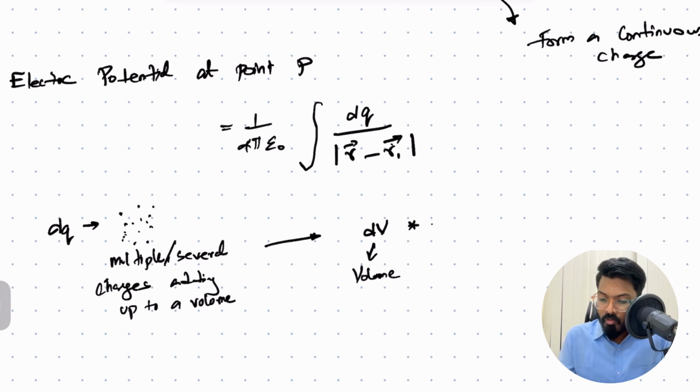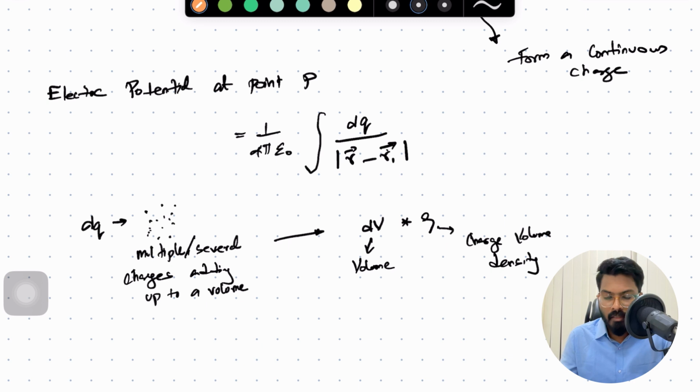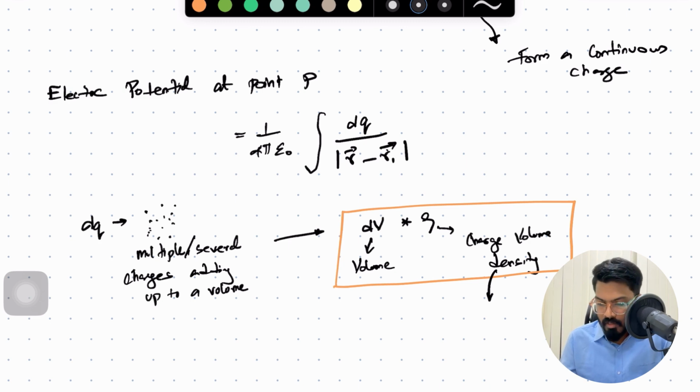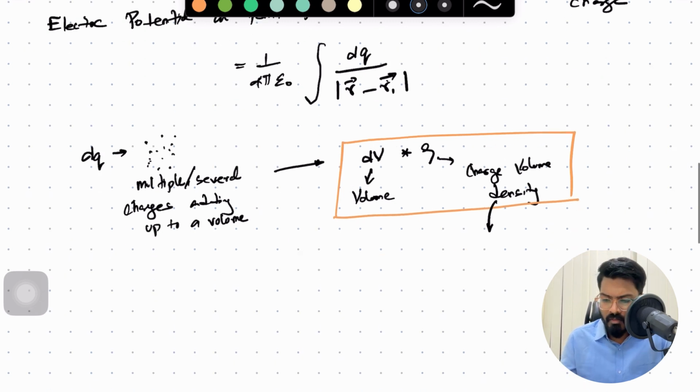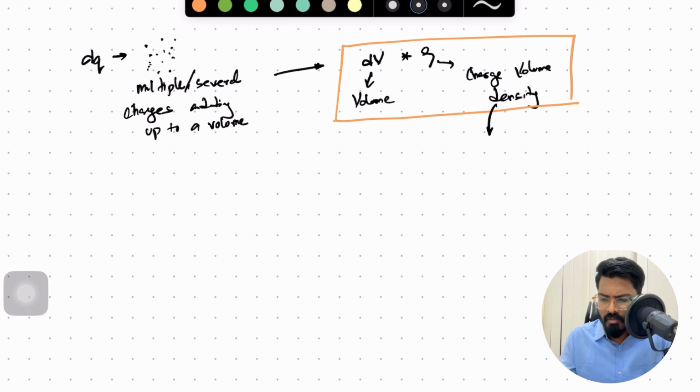Multiply volume by rho. Rho is not our usual density, that is charge volume density. Now let's understand it further. What is rho? Rho is nothing but charge per unit volume.